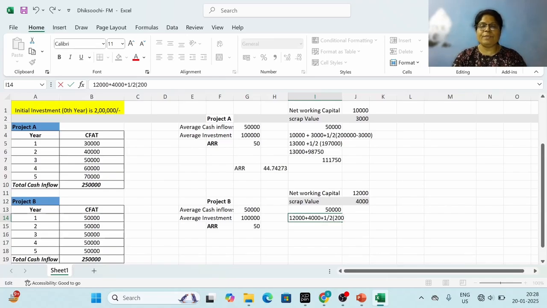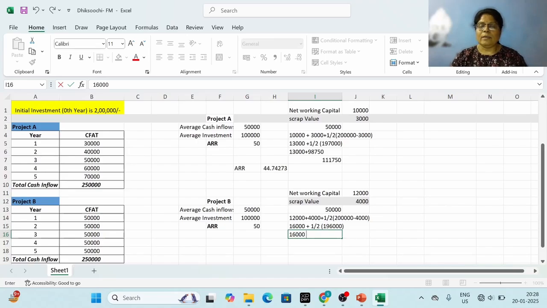Initial investment is 2 lakhs minus the scrap value, 4,000. Now 12 plus 4 is 16,000, plus 1 by 2, open the bracket, 2 lakhs minus 4,000, 1,96,000.